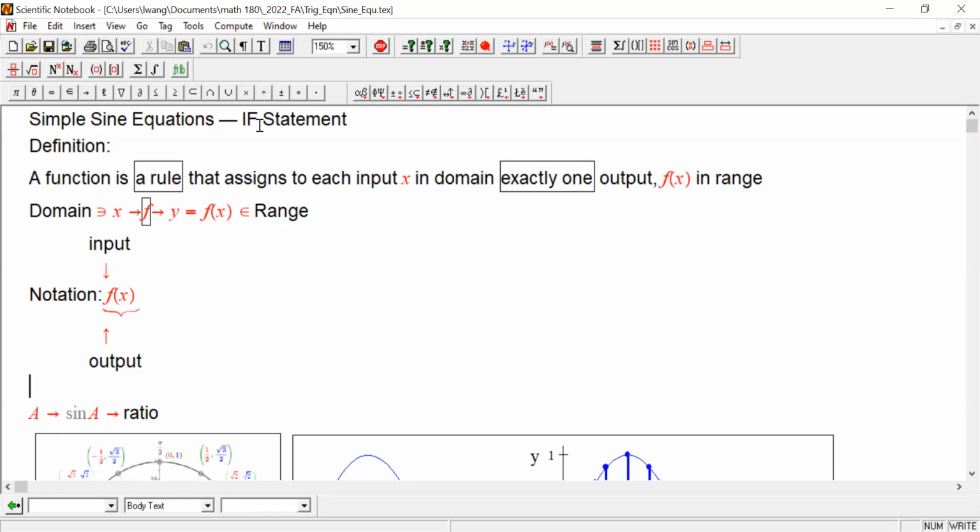So now, what is the if statement you're going to see? We know sine is a function that takes angles as input, which can be any angle, any real number. And the range of sine is always between -1 and +1, inclusive.